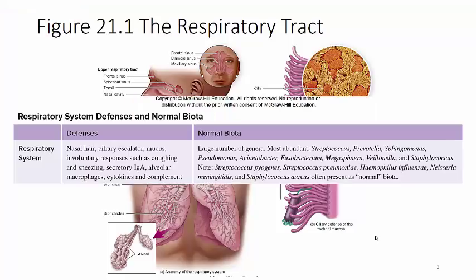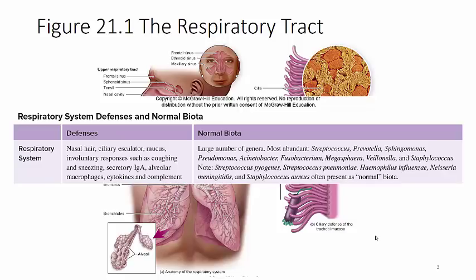We also have mucus, which is secreted by the cells lining the respiratory tract. So this will trap inhaled matter as well, or inhaled organisms. We have secretory immunoglobulin A, an antibody that is released from the mucous membranes, and so it will bind to antigen and target them for destruction.